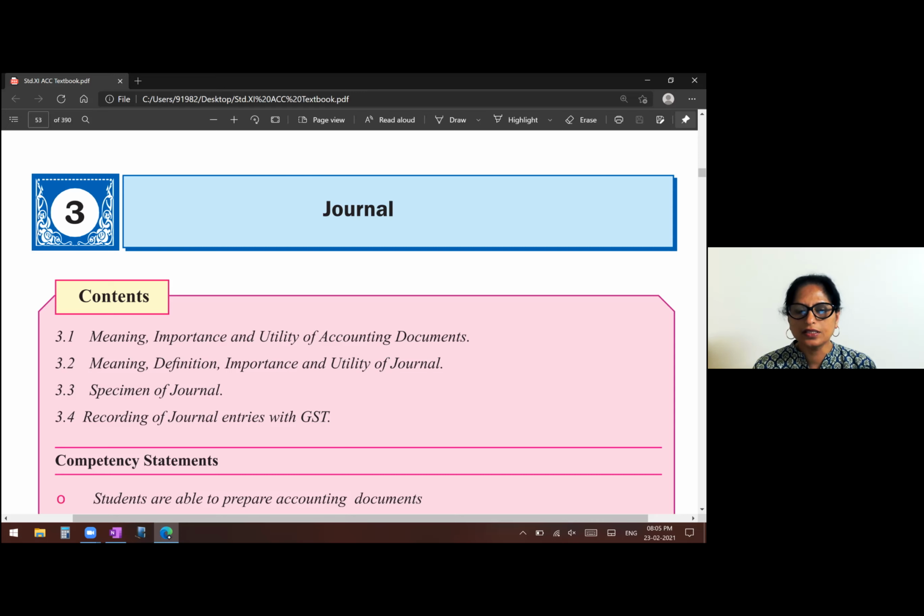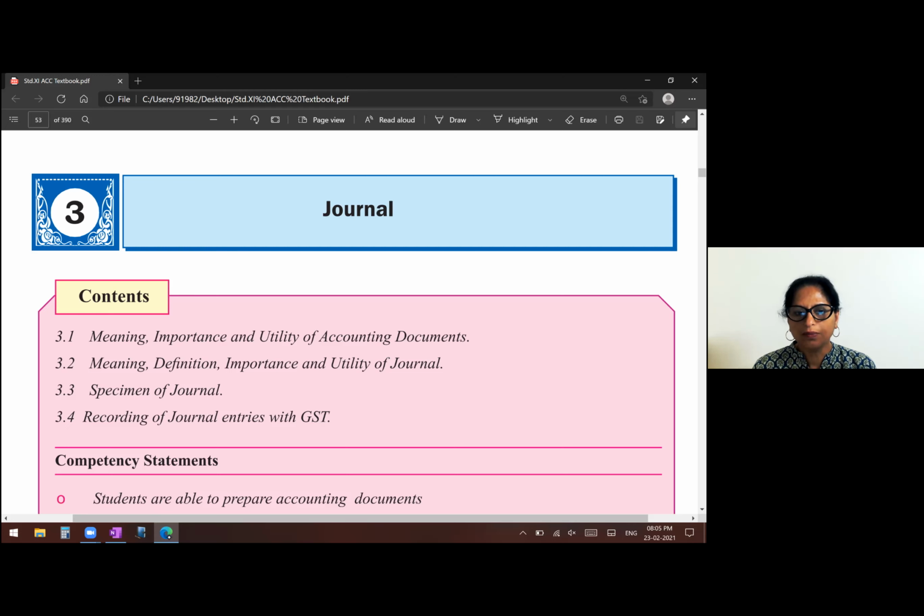A journal is a book of prime entry or primary entry or original entry where, when a transaction takes place, you record that transaction first in the journal, and from the journal it is then recorded in the ledger, which is a secondary book of accounts.